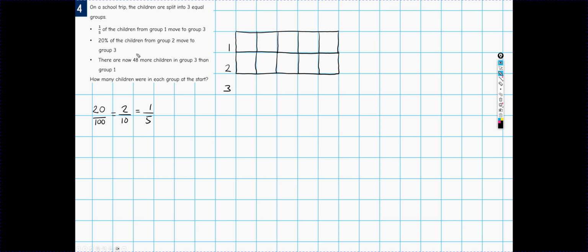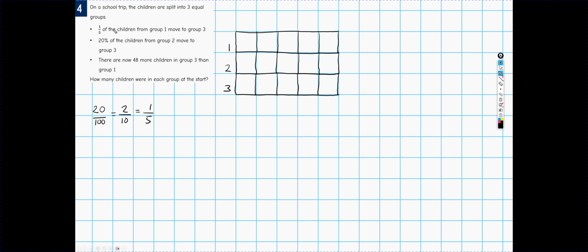Well, that's not split into anything as far as I know. We know that it's the same size as all of the others. Well, I'm also going to split that into equal parts, because that makes working with a bar model so much easier when you can split things into equal parts. So these are my three equal groups.